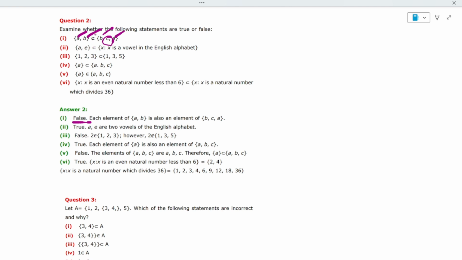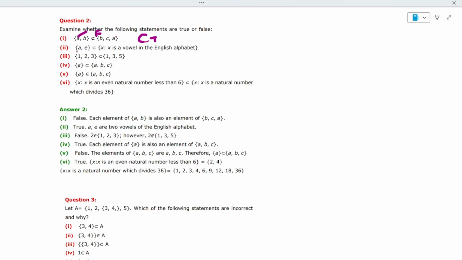They have given not belongs to, so we have to write false, because a and b are present in both, but c is an extra element. If they had given belongs to, we would have written true. As they have given not belongs to here, we write it as false.